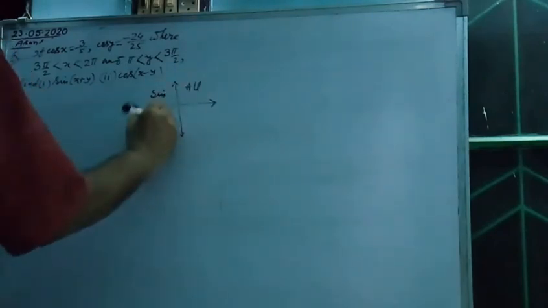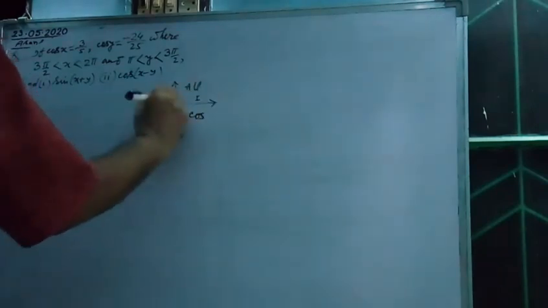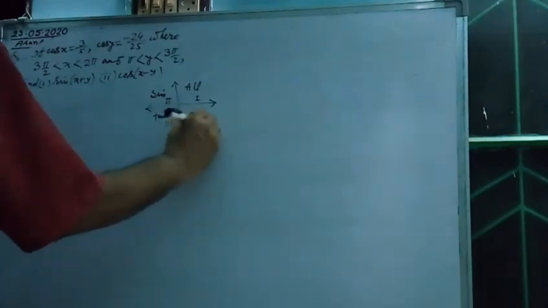All sin tan cos: first quadrant, second quadrant, third quadrant and fourth quadrant.